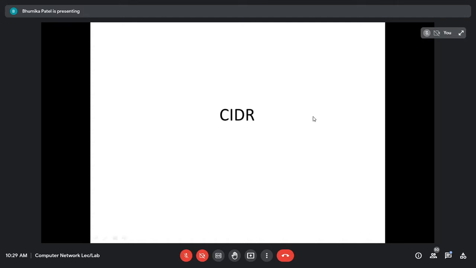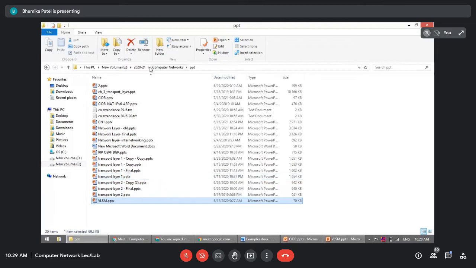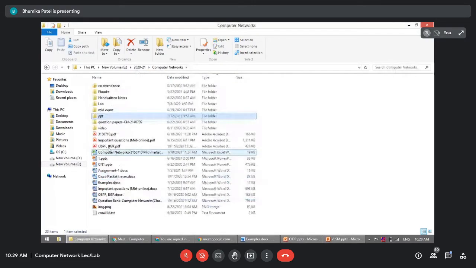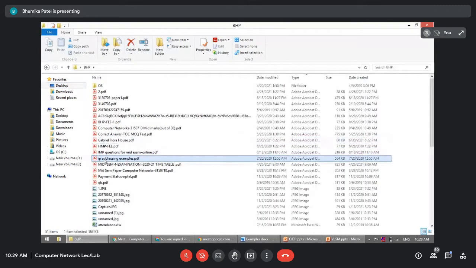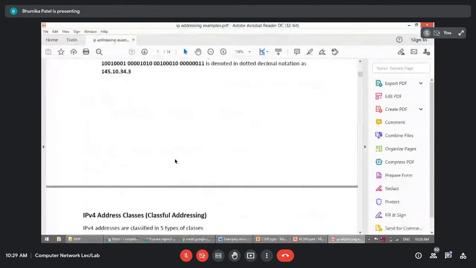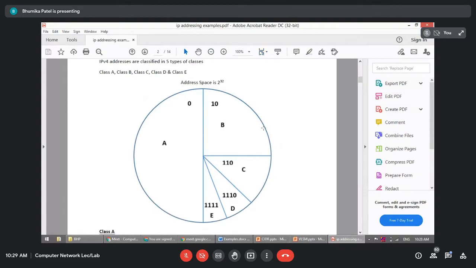Okay, I'll show you one PDF. Okay, like this. See, this is the entire address space. Is it visible? Yes, ma'am. So this is the entire address space where we have 2 raised to 32 IP addresses, right?